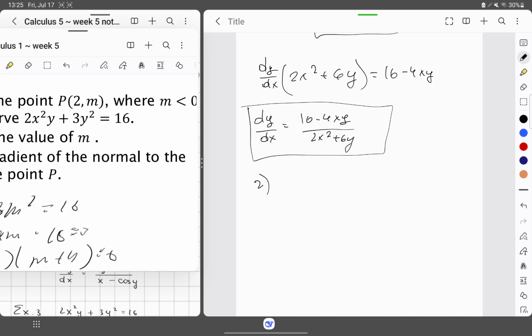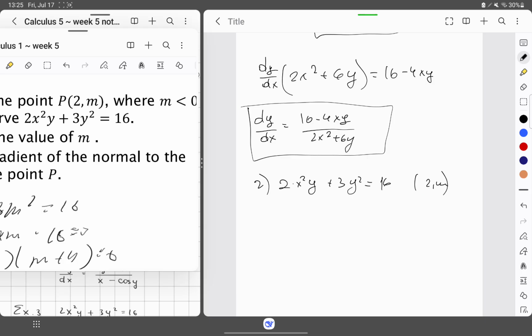But the wrong thing that I did, that was a terrible mistake by the way, I put m instead of dy and x instead of dx, but actually if we use the original function, 3y squared equals 16, and I need to remember that if we have points, we need to put those points into the original function.